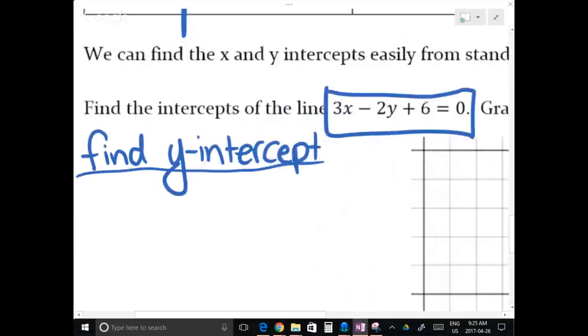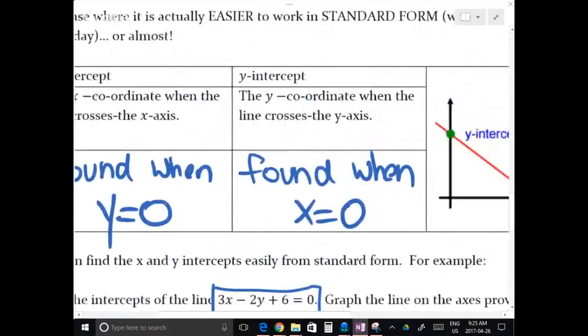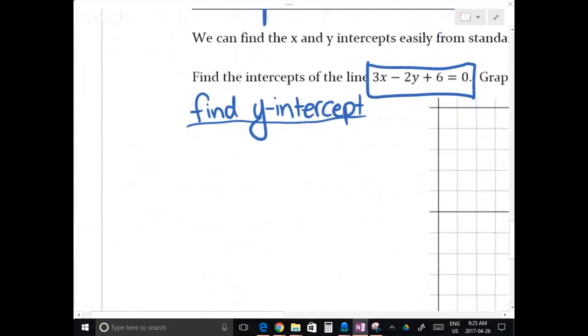Okay, let's move on. So we find the y-intercept when what is true? When x is 0. When there's no x, how much y? That's what the y-intercept means. So we're going to let x be 0. We find the y-intercept by letting x be 0.